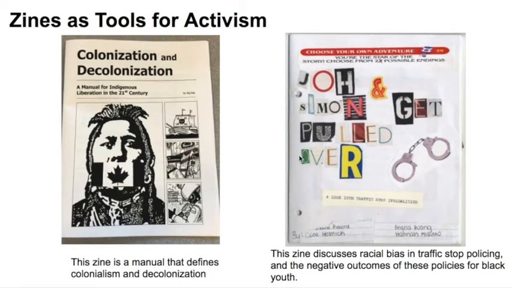On the right, we have a zine that discusses racial bias in traffic stop policing and the negative outcomes of policies like traffic stops for Black youth. So this zine talks about how racial bias plays into police policies and how that affects young Black people.